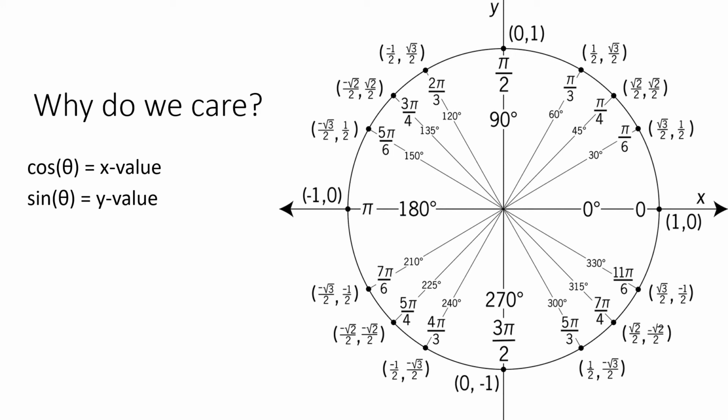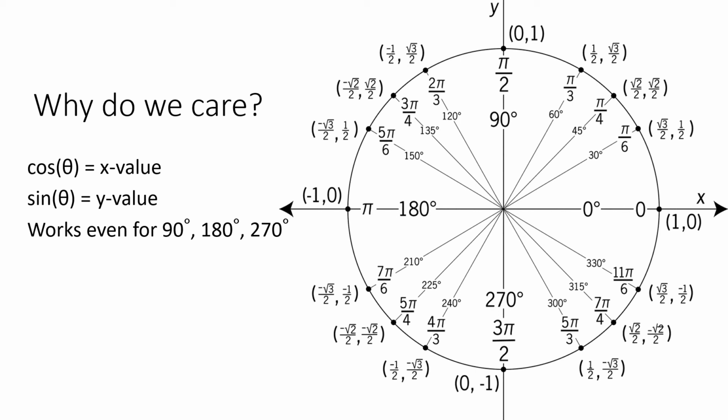These labeled points might look familiar as well. They are the x value and y value. And that's really useful to know. And this even works for 90 and 180 and 270 degrees and 0 degrees even.